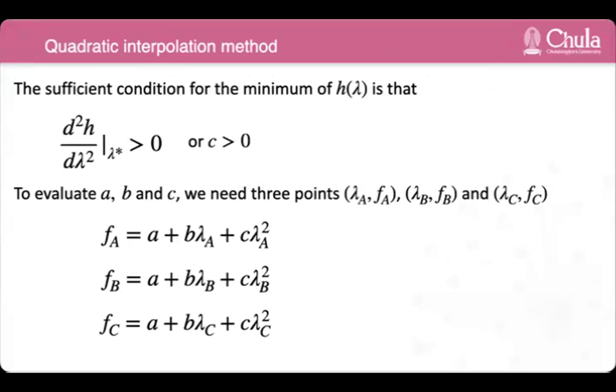Assume that we are going to evaluate at lambda A, lambda B, and lambda C. You need the objective function at lambda A, which we call FA, at lambda B, FB, and at lambda C, FC. You need 3 points.